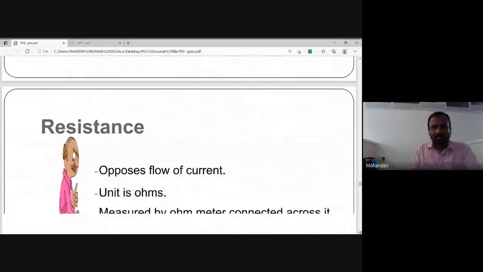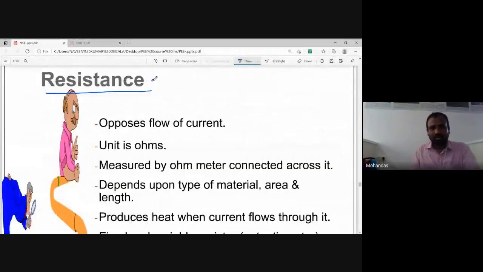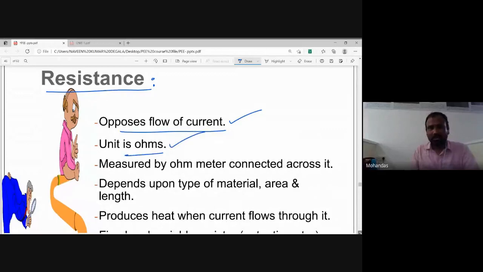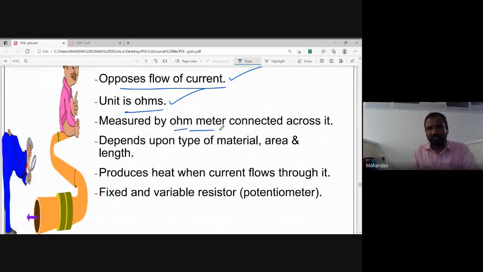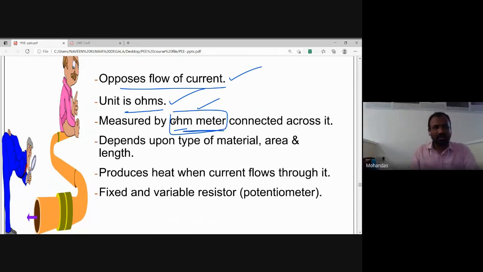Next, another definition: it opposes the flow of current or flow of electrons. Units are ohms, and the device used to measure resistance is the ohm meter. Current is measured by an ammeter, voltage by a voltmeter, and resistance by an ohm meter connected across it.